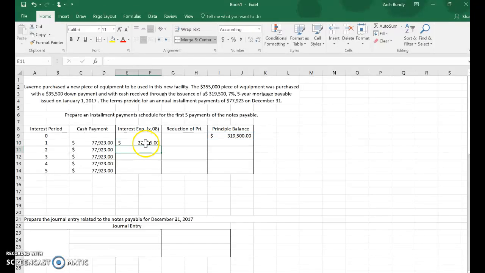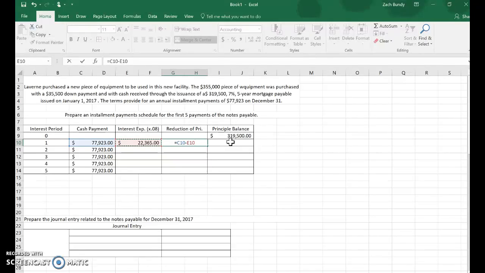So the interest is $22,365. To find out the reduction in principal, we take the amount that we know we pay, the set payment that we make, and subtract this 22,000, because the remainder of the payment will be paying off the principal.